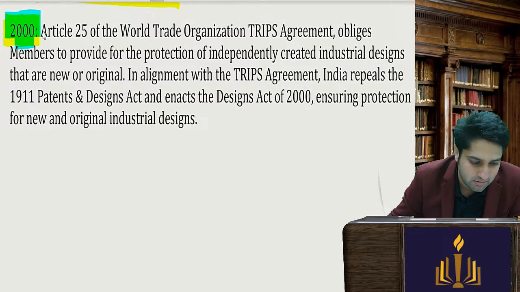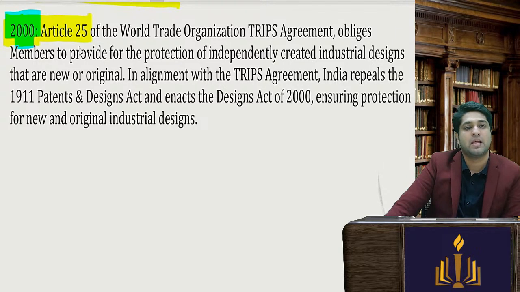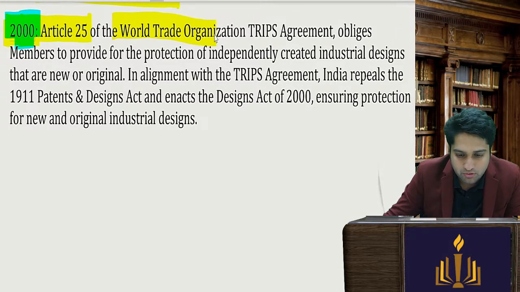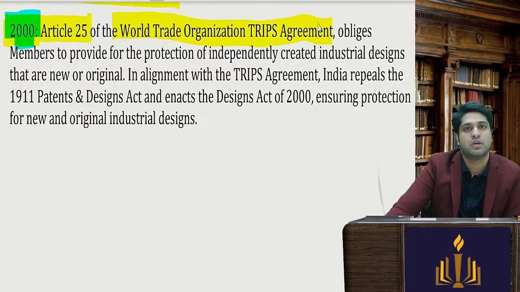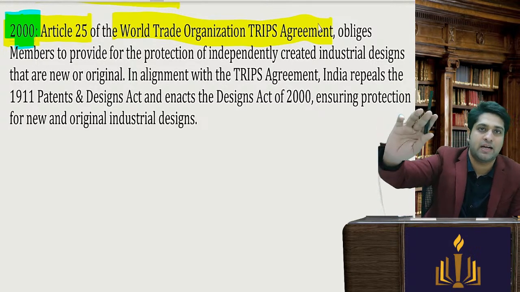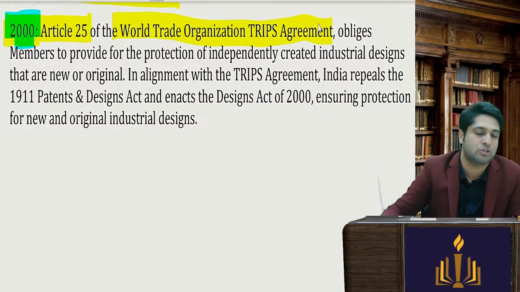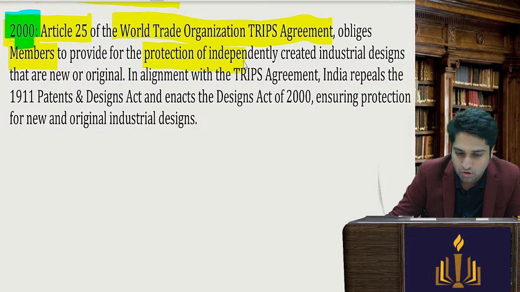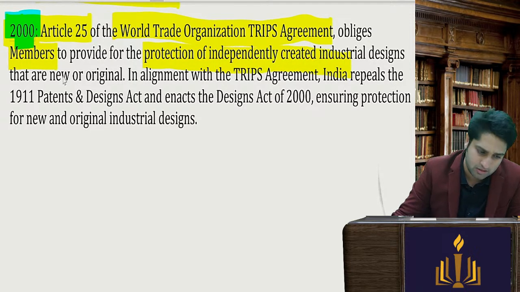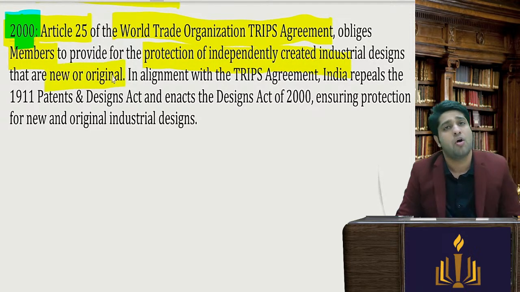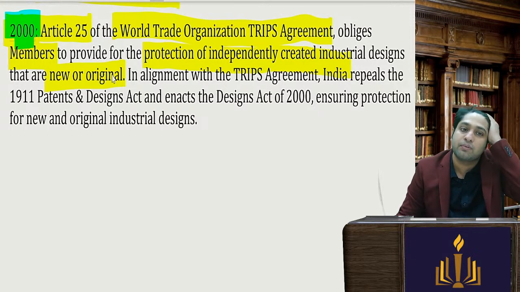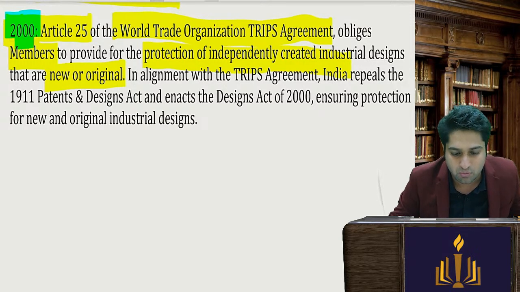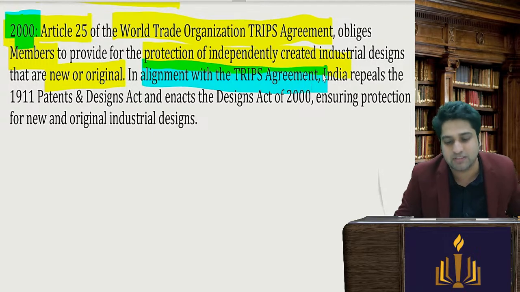So, Article 25 of the WTO TRIPS agreement. The TRIPS agreement, trade related aspects of intellectual property law, obliges members to provide protection of independently created designs that are new and original. Obviously only designs which are new and original will get protected, but we wanted an act to align with the TRIPS agreement.